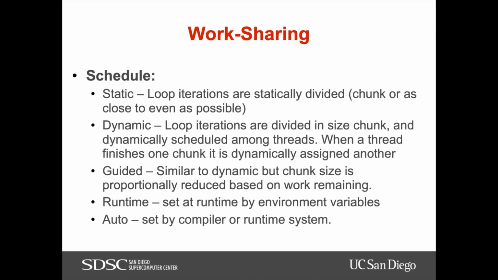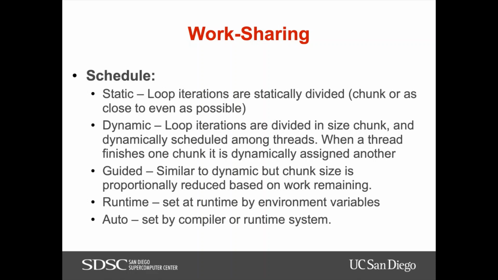Then there's the part about work sharing, right? I told you that you could split up the work in a loop or in a section. And the way you can do that is you can do it statically. So you take the number of loop iterations and just divide it, chunk it as equally as possible. But as I mentioned, that might not be the best thing to do if different loop iterations are taking different amounts of time.